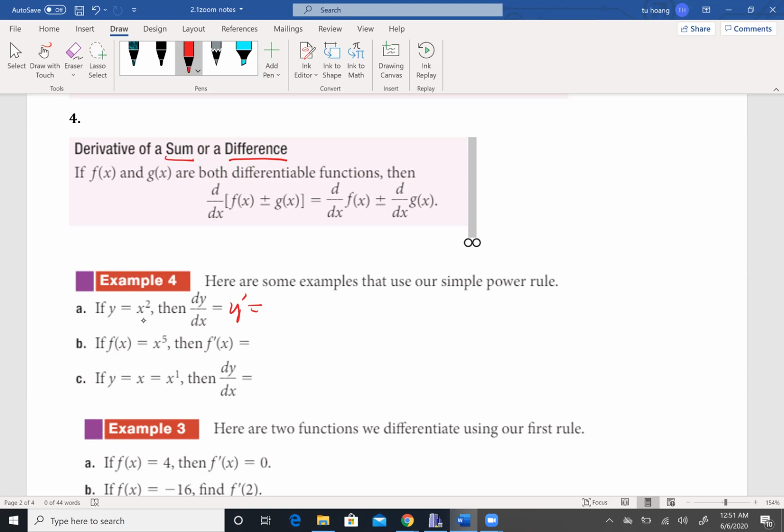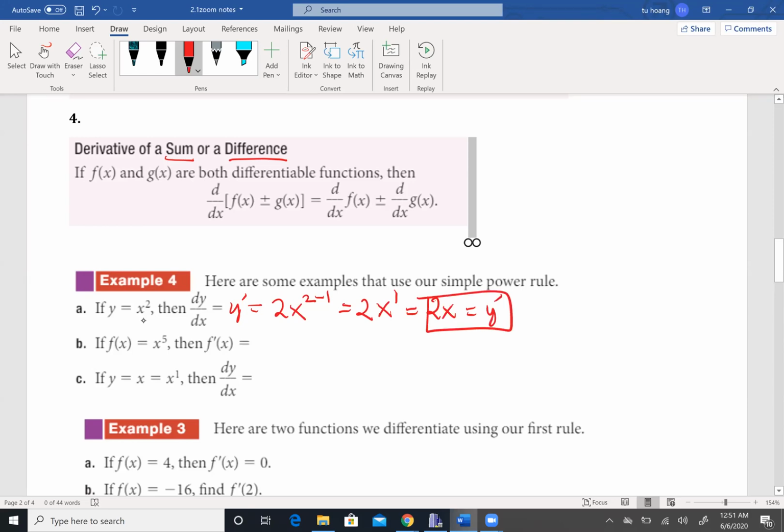I move down the power 2 in front of the x. It's going to be equal to 2 times x to power 2 minus 1. So I'm going to have 2 times x power 1. And simplify, you have 2x. Okay? And that should be the derivative of y.